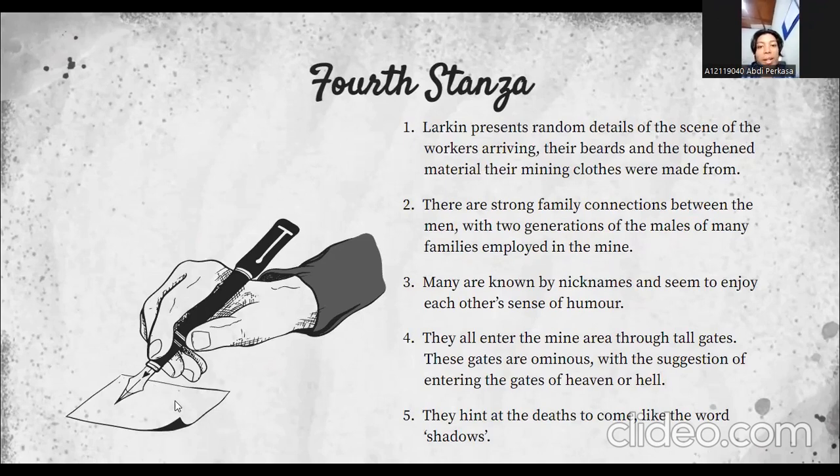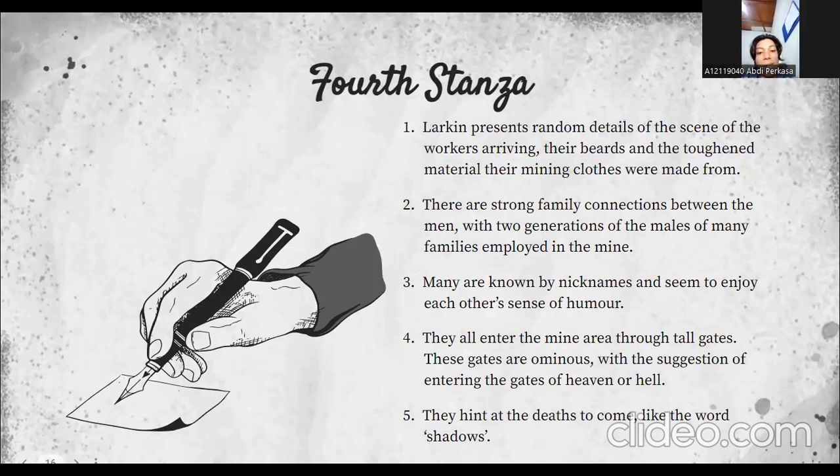Larkin presents random details of the scene of the workers arriving: their beards and the top material their mining clothes were made from. There are strong family connections between the men, with two generations of the males of many families employed in the mine.